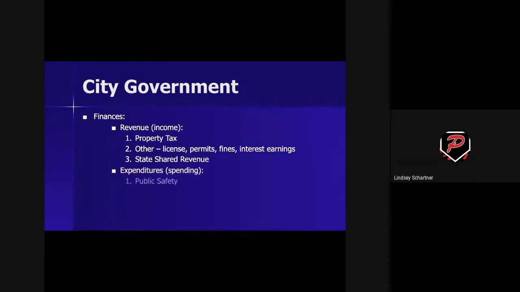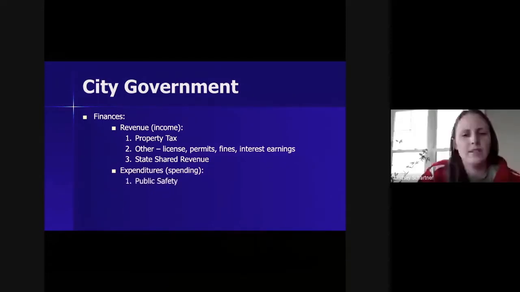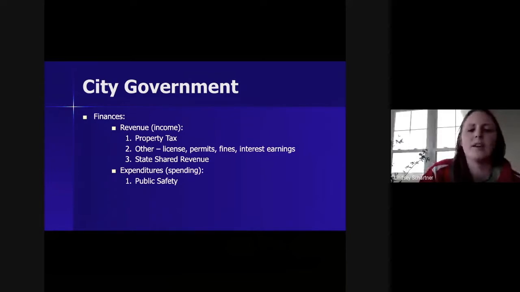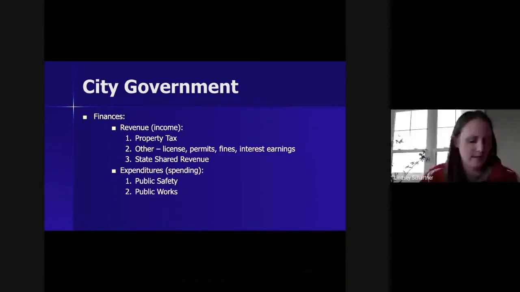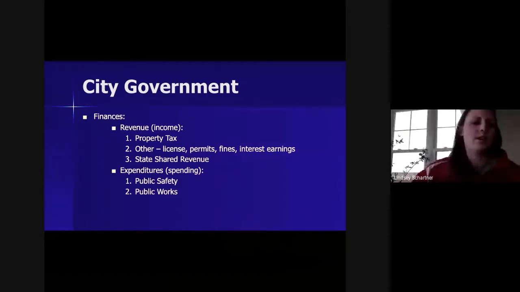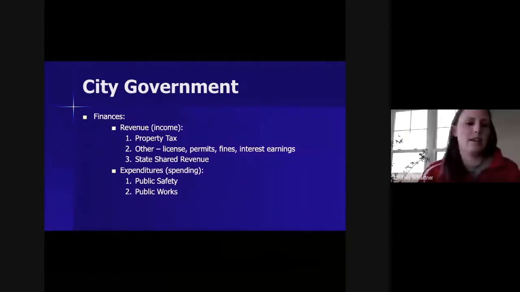For expenditures, I see similar things to what you saw with the county, and really with all of these, they're going to be very similar as we go. So again, public safety, public works, different things for the public. So your protection, your police officers, your firefighters, those types of things. And at the city and county levels, those are going to be more dominant.